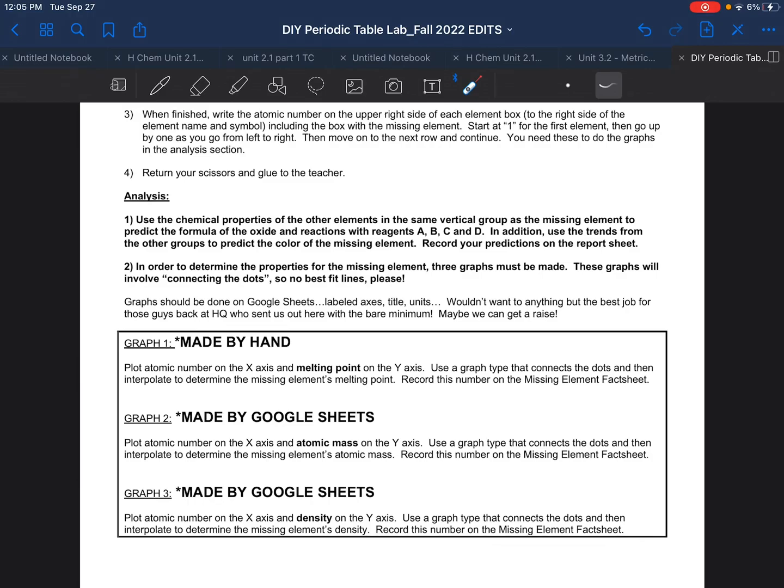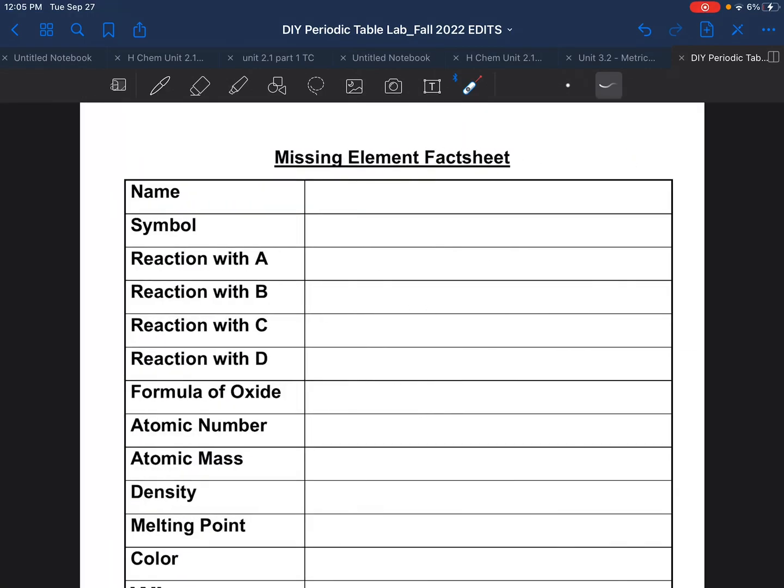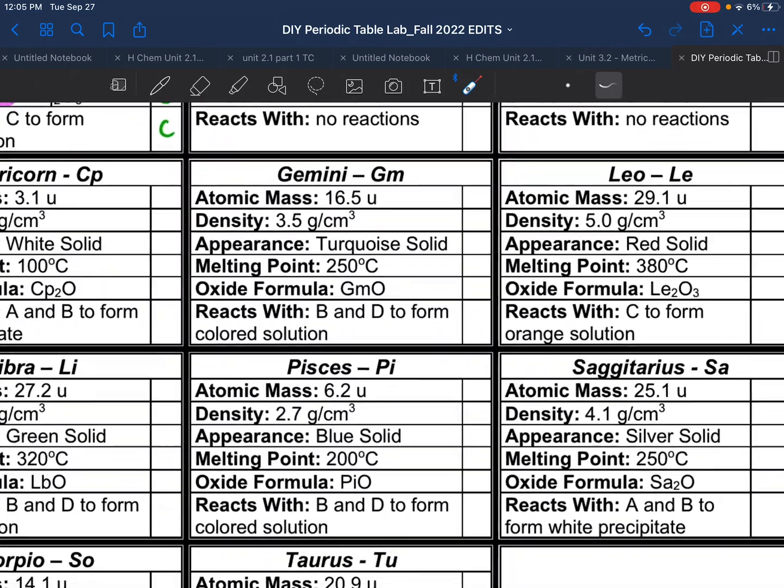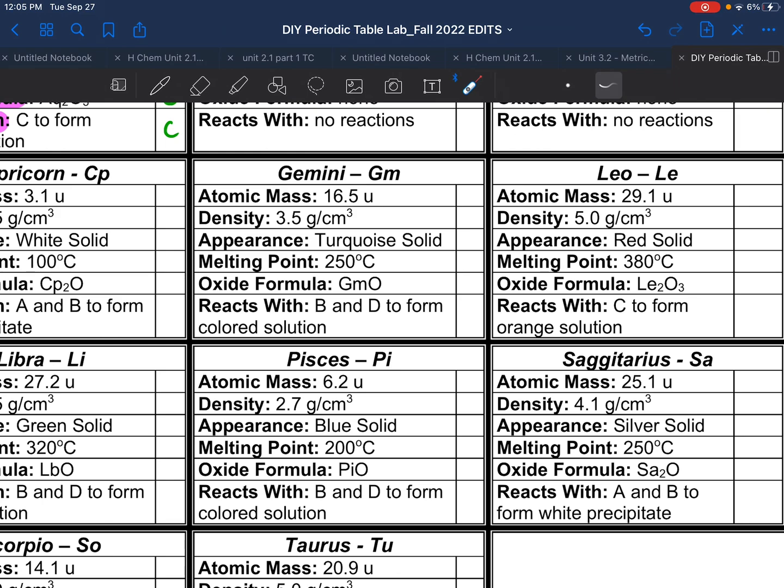What you're going to fill out is this properties table. You're going to figure out what type of reactions it does and what type of formula of oxide it makes. This depends on what it's grouped with. So let's say your missing one falls with Gemini. You would say that it reacts with B and D. For A and C, you would write none.